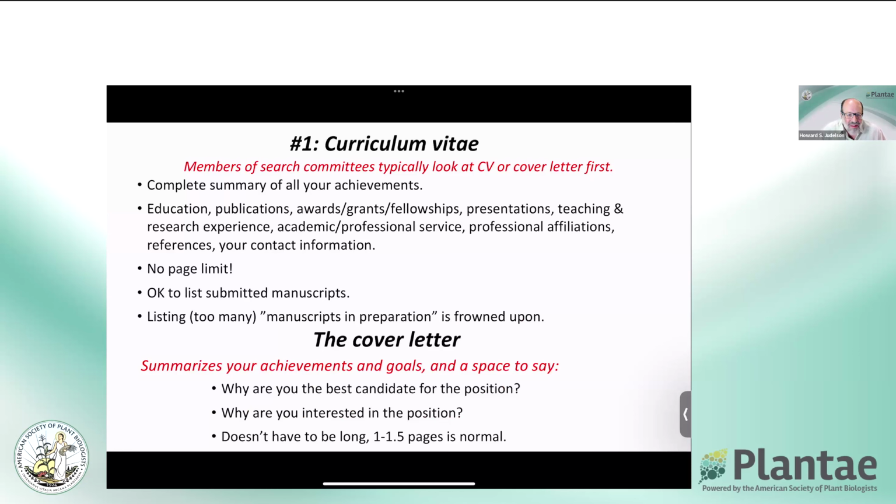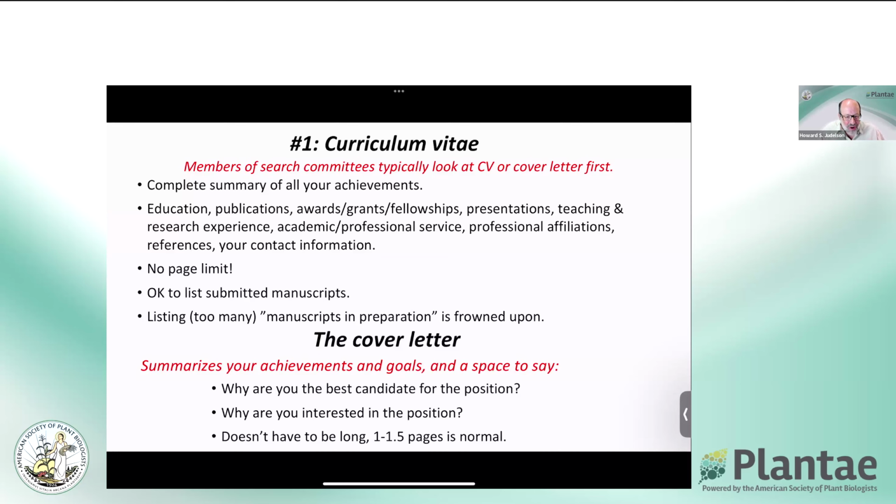So for your CV, this is meant to be a complete summary of all your achievements that are related to science, your education, your publications, any awards or fellowships that you've received, presentations that you've given, meetings you've attended, any teaching you've done, as well as your research experience, professional service, contact information, and references. So there's no page limit to this. So put in everything that you think is relevant and will make you look good.